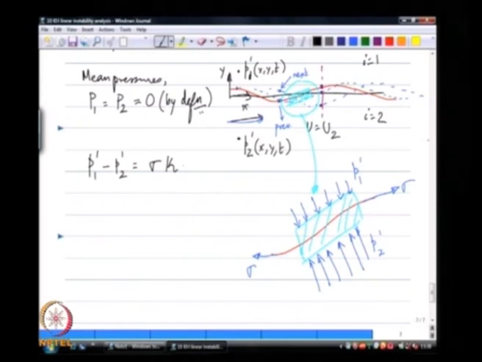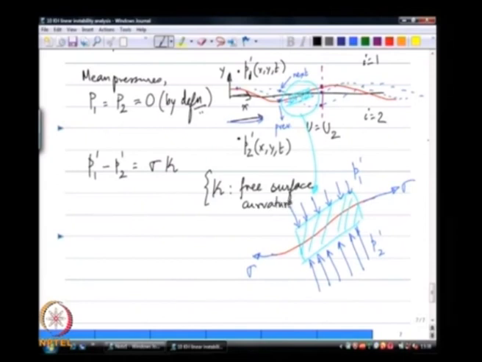So, this kappa is basically the meniscus curvature. This free surface curvature essentially dictates the difference in the forces between P1 and P2.